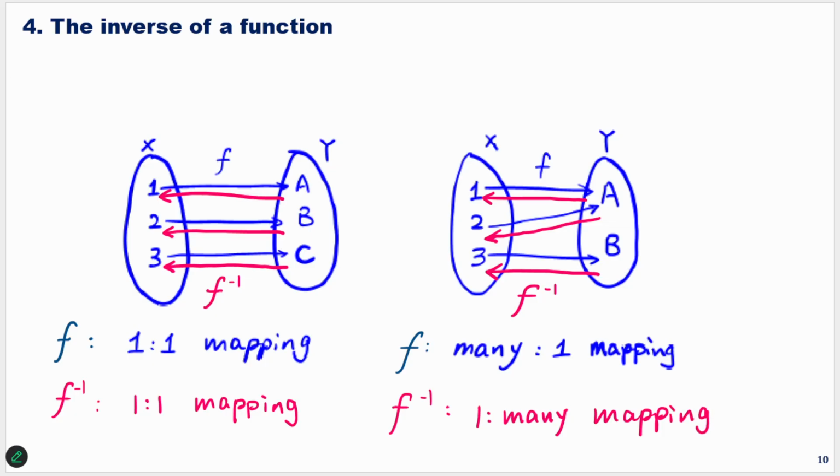So in the first case, the inverse of f is still a function, because it satisfies the definition of a function. However, in the second diagram, f inverse is not a function. Can you see the difference?